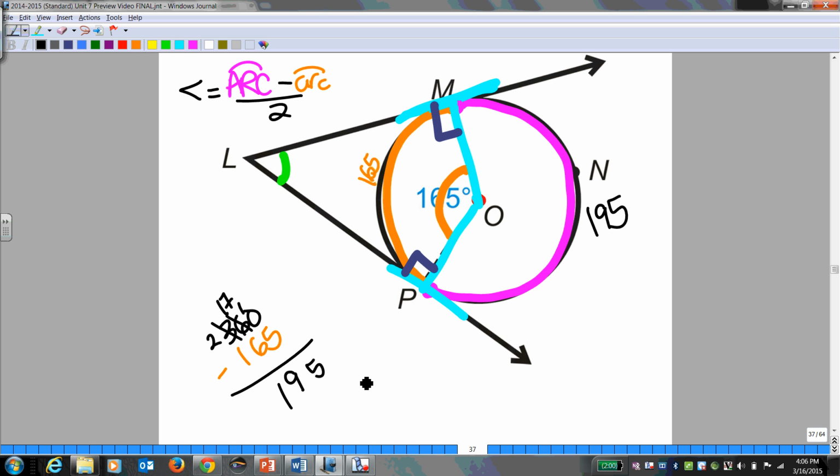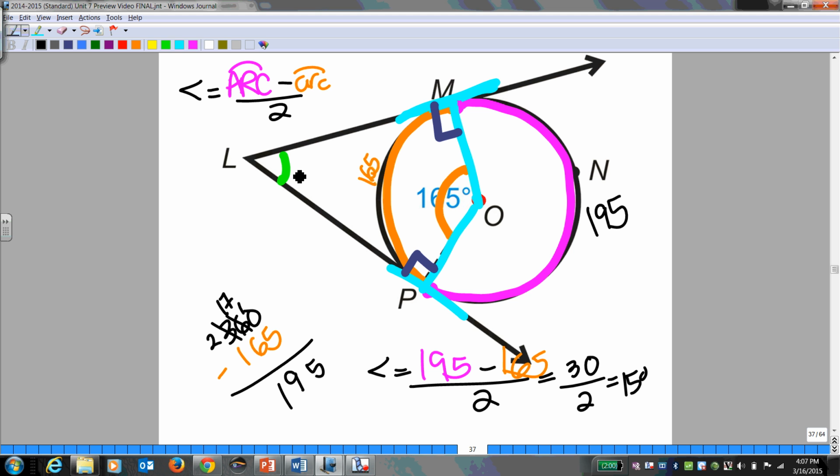So our angle is going to equal our big arc 195 minus our little arc 165 over 2. And that's going to be 30 over 2. Therefore, our angle out here is 15 degrees.